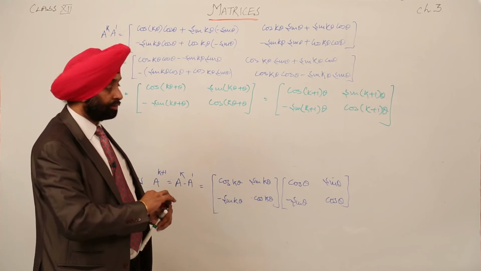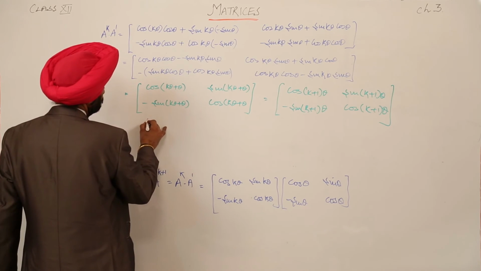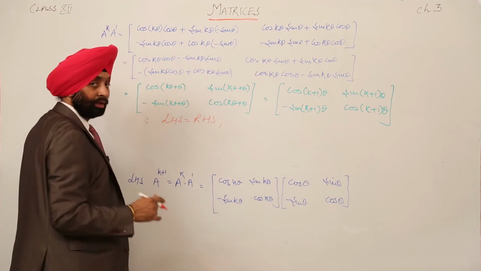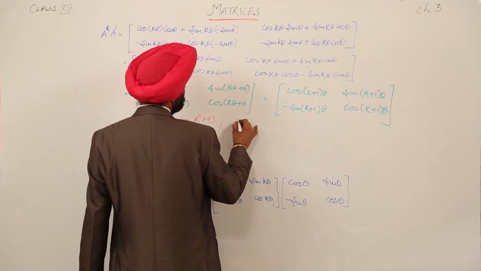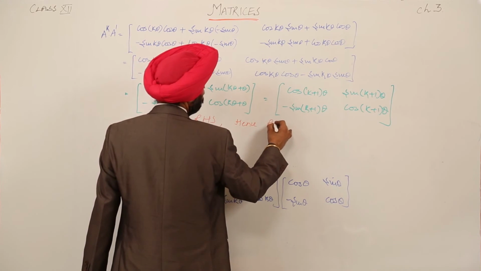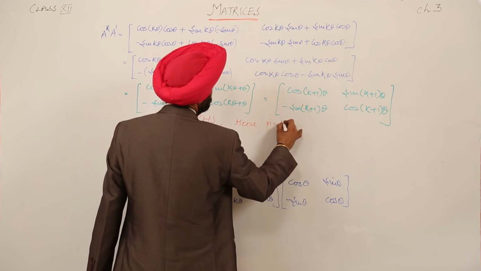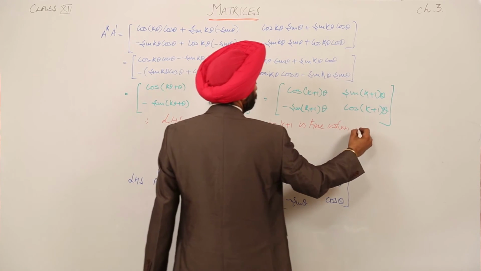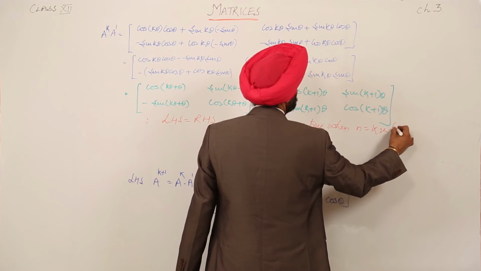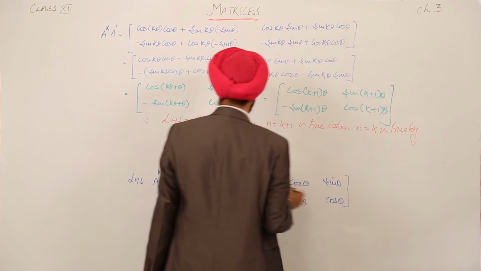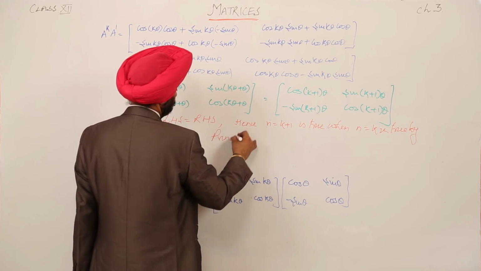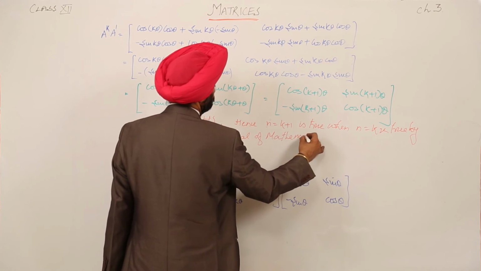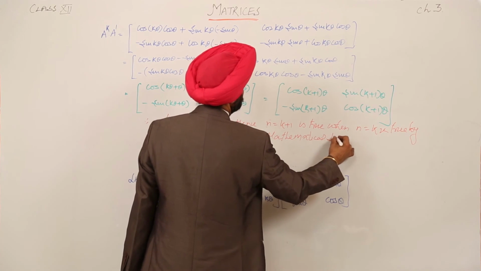Okay. So now you can write it, therefore left hand side is equal to right hand side, hence n is equal to k plus 1 is true when n is equal to k is true by principle of mathematical induction.